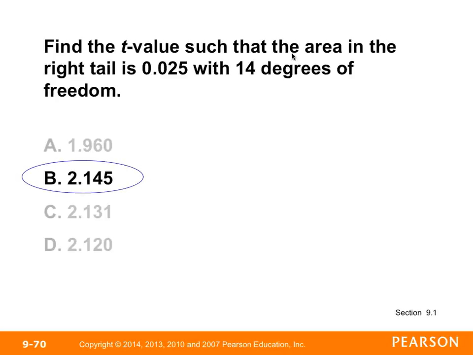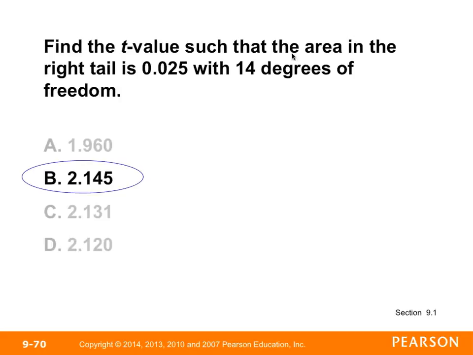Then you want to look in the actual body of your z table and try to find something where you have 0.02 as your actual value. What you should find is that negative 2.05 is the actual value. And if you recall, when we talked about critical values, since you have this symmetric property of your normal distribution, you can ignore the fact that it's negative and just say that it's a positive 2.05, because that also corresponds with your 96% level of confidence.